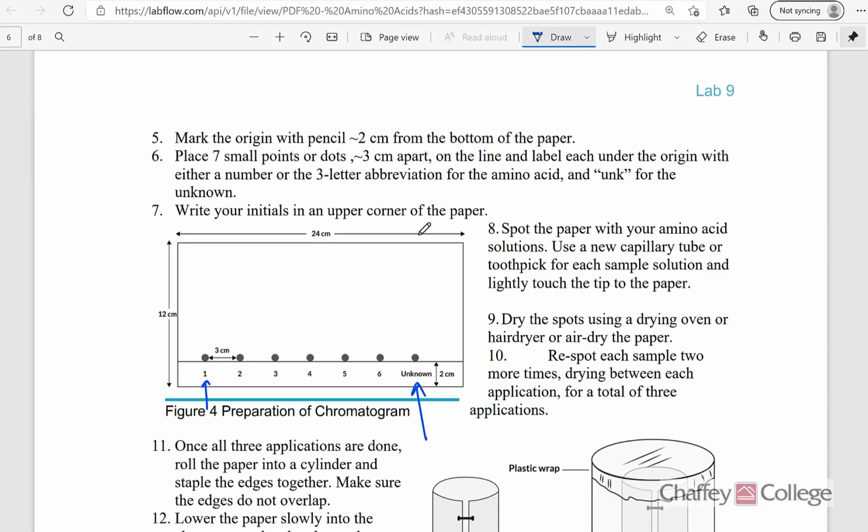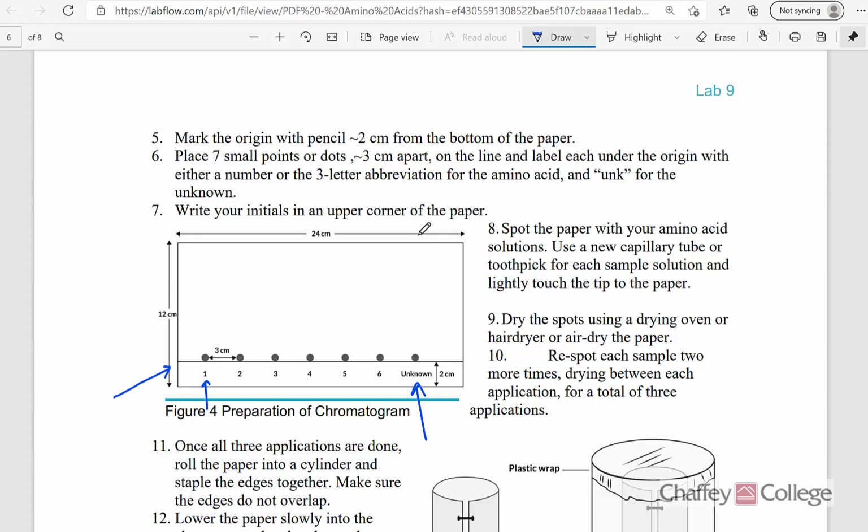So what we are going to do is deposit our 6 different amino acid samples on this piece of paper. So this square represents a piece of paper. It's like a filter paper. The dots represent a droplet of our amino acid solution.